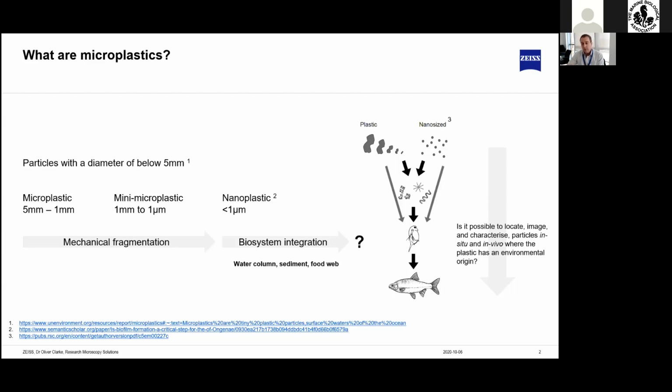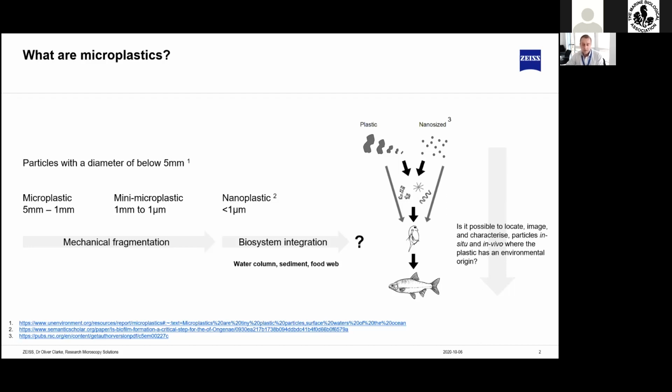For me, one of the big questions that comes up is around nanoplastics, which are maybe entering the environment directly in some nanoparticulate processes, but also being formed as a result of mechanical actions in the environment.